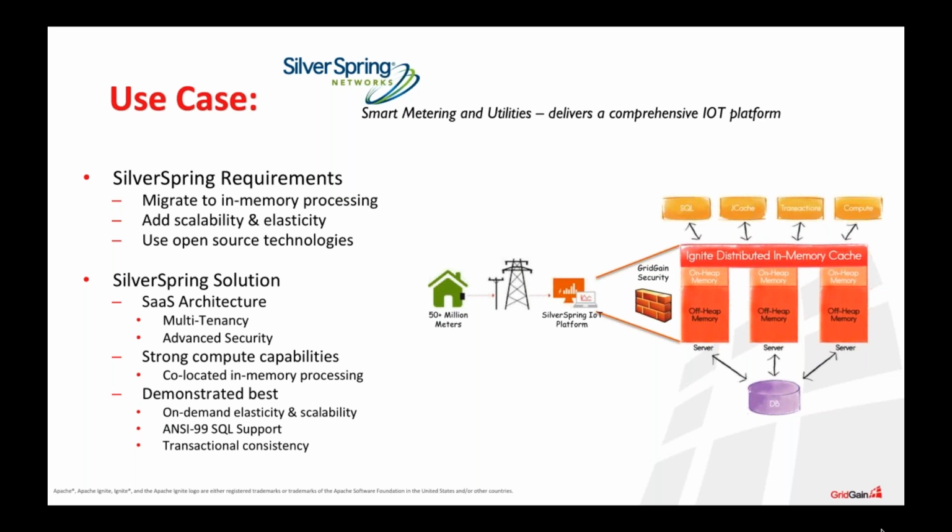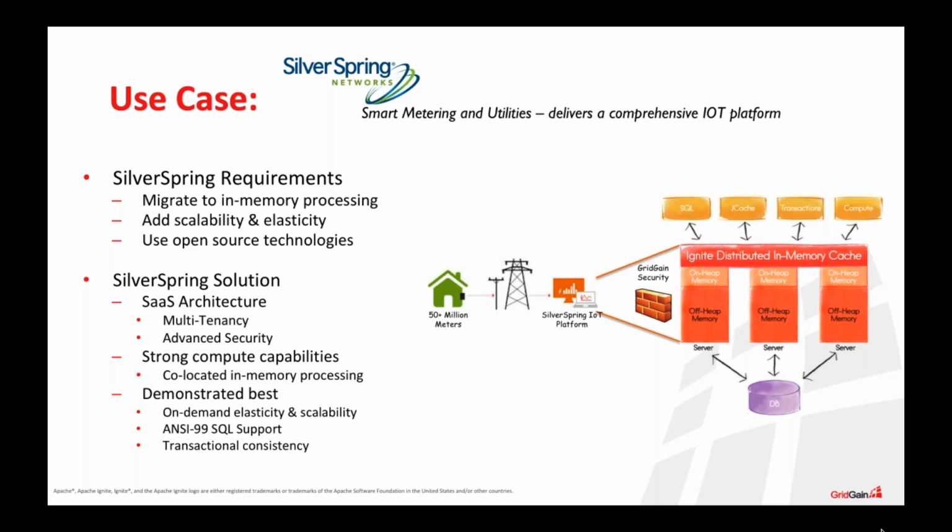For instance, if according to the current state, the Silver Spring Networks platform sees that some area is overloaded, meaning there is no need to dispatch a lot of power to that region, then that power will be rerouted to another region that doesn't have a lot of power resources at the moment.